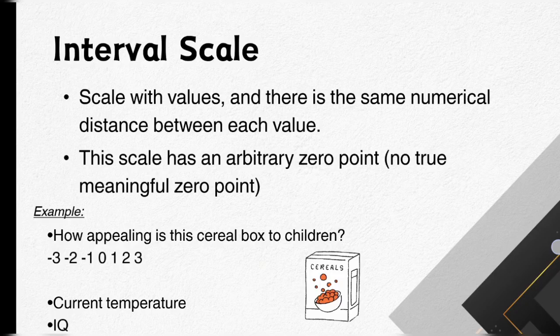The difference between 20 degrees Celsius and 30 degrees Celsius is the same as between 30 degrees Celsius and 40 degrees Celsius. But 0 degrees Celsius doesn't mean no temperature. You can compare the difference, but you can't say that 40 degrees Celsius is twice as hot as 20 degrees Celsius.